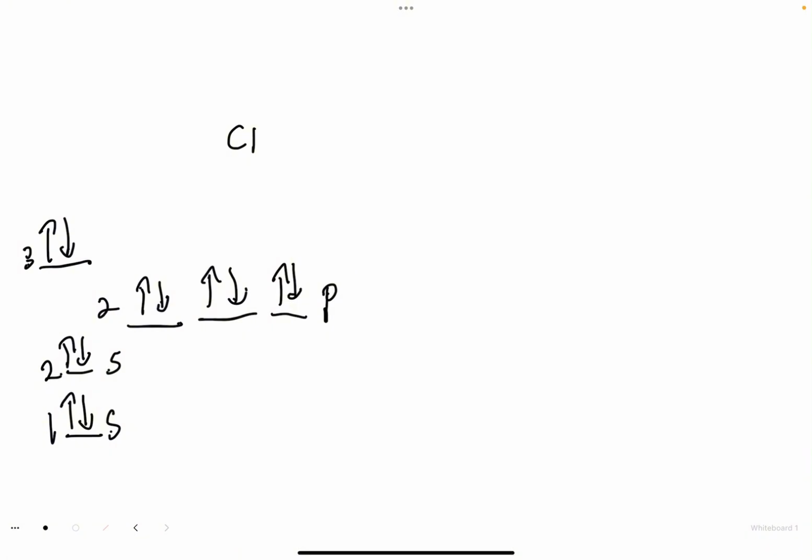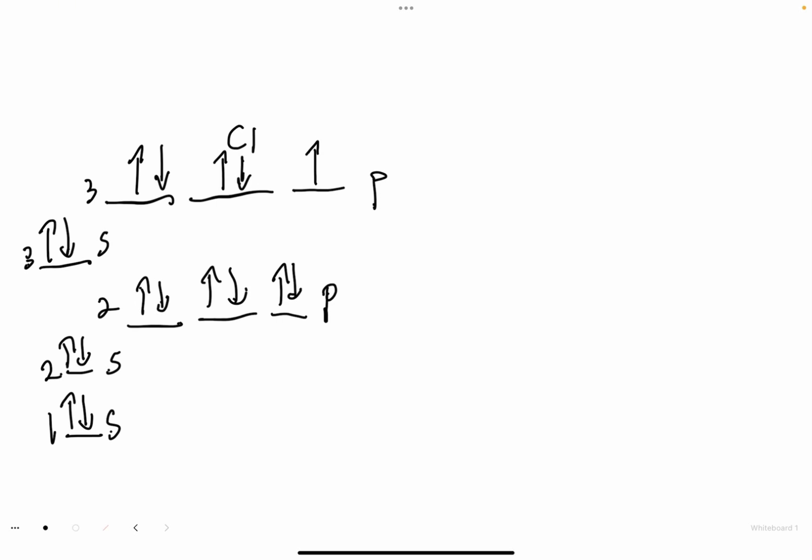We're at where magnesium was, and then we have to continue. So that's 3s, and then we are now at 3p. We're at 12 so far, and we need to get to 17. So 13, 14, 15, 16, 17.